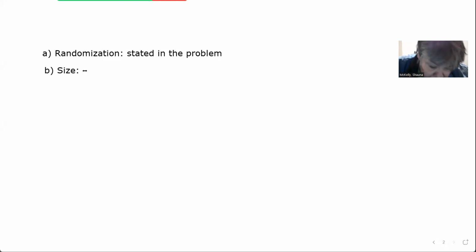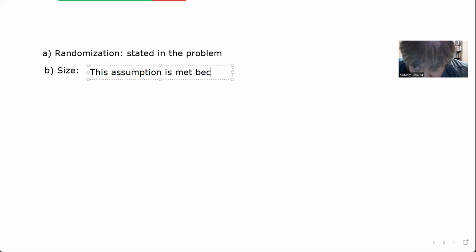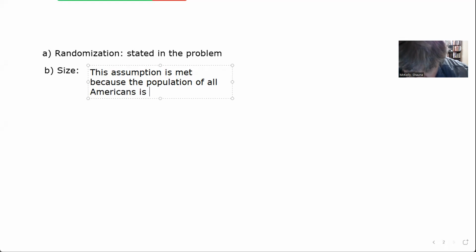We're going to say that this assumption is met because the population of all Americans is greater than, and I'm going to write the expression so that you'll remember, 10 times 1,000 people, which is 10,000.